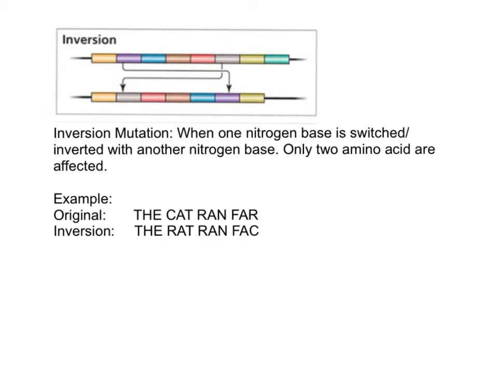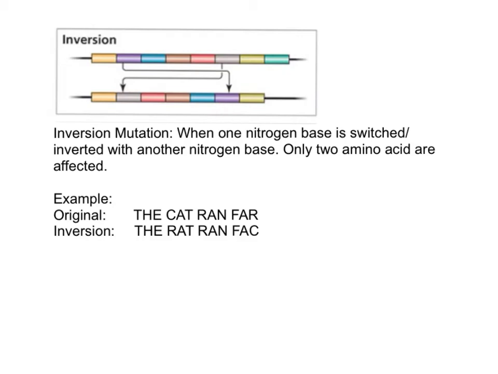So an inversion mutation is when one nitrogen base is switched or inverted with another one, as you see here between the purple and the gray. Now in this case, only 2 amino acids are affected since only 2 nitrogen bases are being switched.